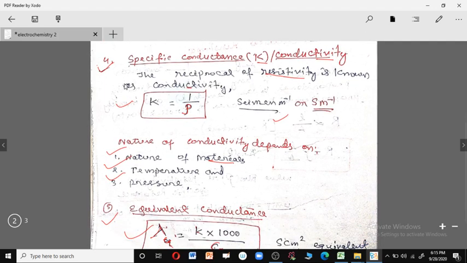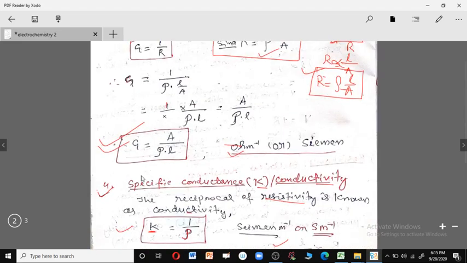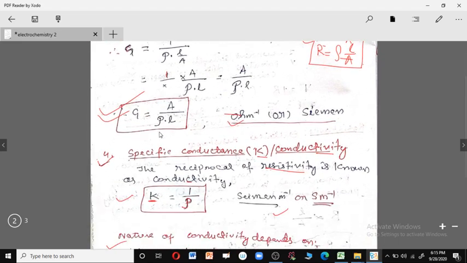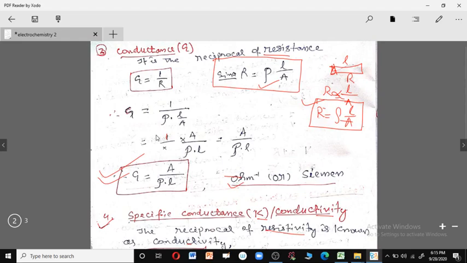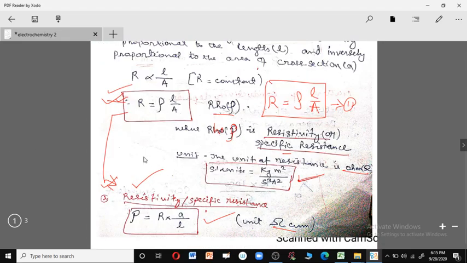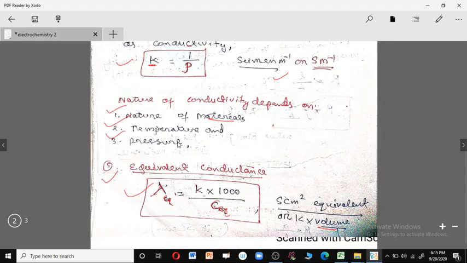Whereas specific conductance is kappa, this K, right? So this kappa formula is 1 by rho, the reciprocal of resistivity, and this is the resistivity formula, resistivity or specific resistance. If you notice, it is very easy to calculate the equivalent conductance.